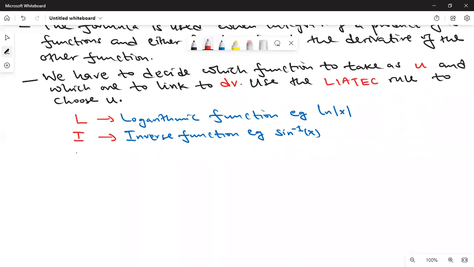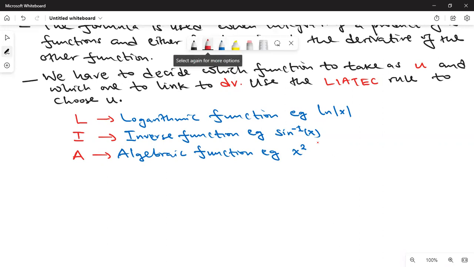The other one is A, which is algebraic function. An example is x squared. That is an algebraic function, or simply a polynomial.